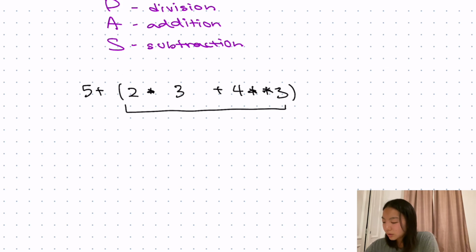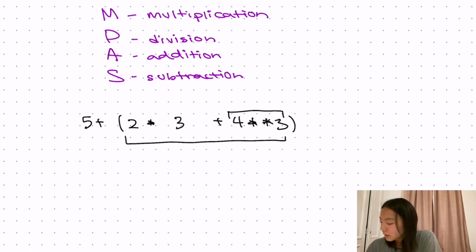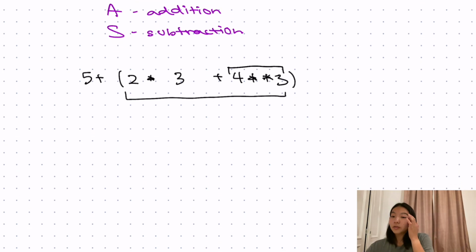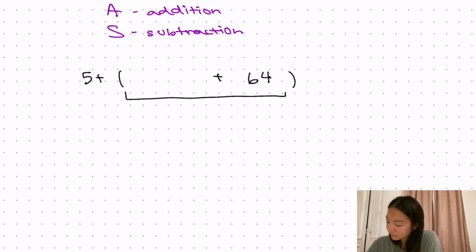Now, then we have exponentiation, right? That's second here. So 4 to the power of 3, let's see, 16 times 3, that should be 64. So this here, I will replace with 64. And then, well, next we have multiplication. So 2 times 3, that's 6.